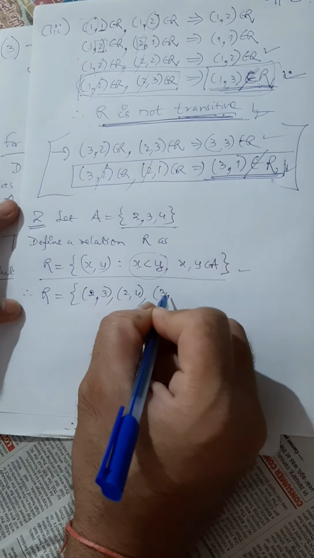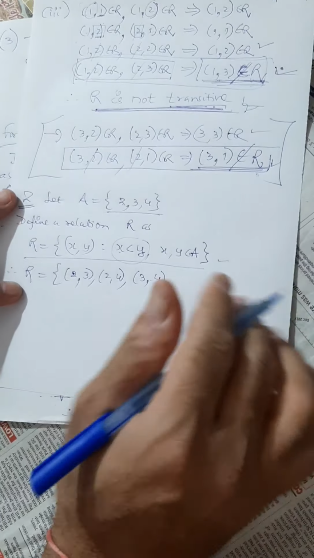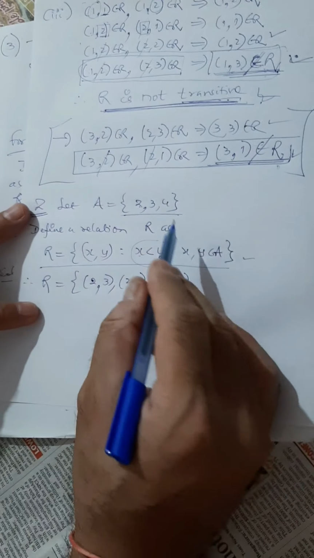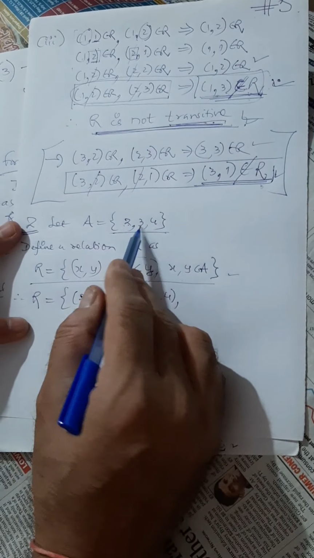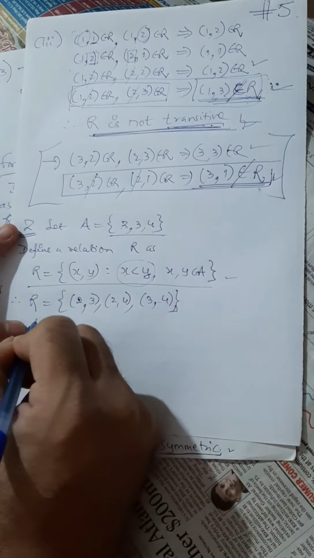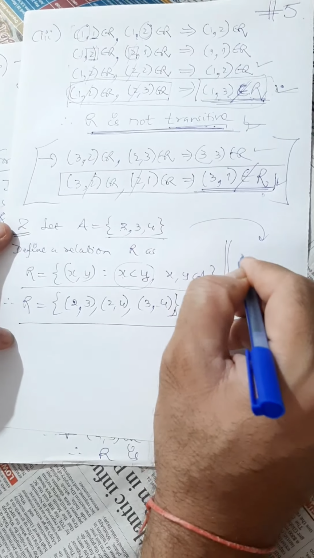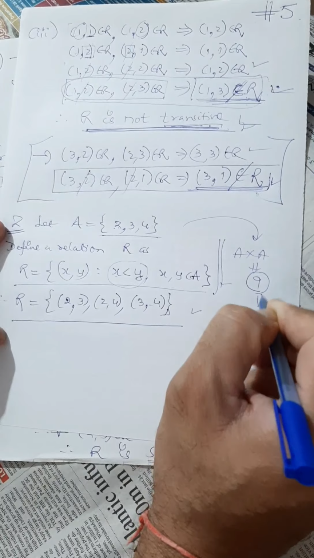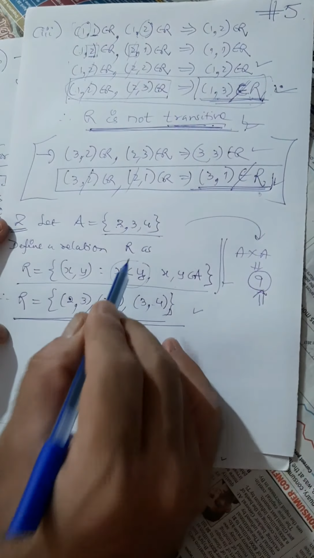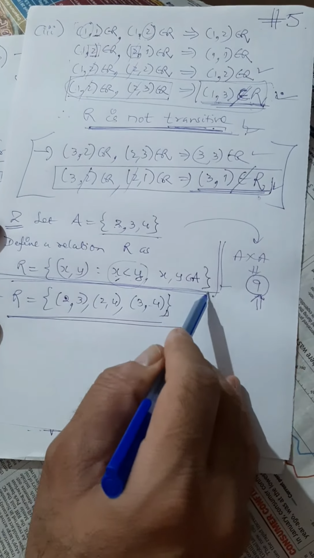Can I write 3, 2? No. 3, 3? No. So 3, 4. Then next, can I write 4, 2? No. 4, 3? No. 4, 4? No. So only you have this many ordered pairs. A cross A has total 9 ordered pairs. Out of 9, only 3 ordered pairs satisfy this condition. This is given to you, remember. You are not going to choose this.